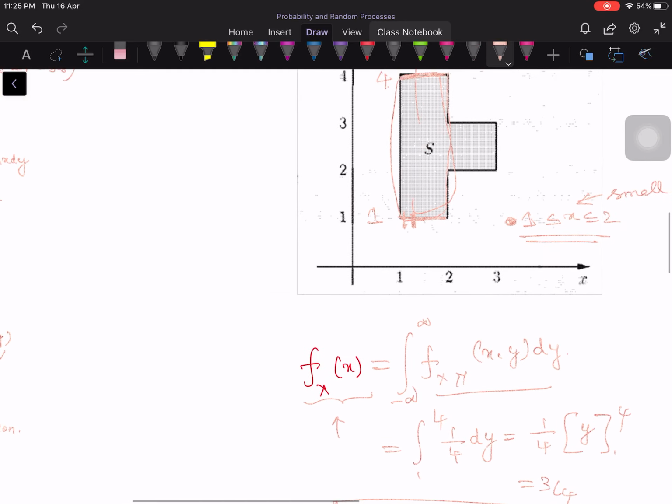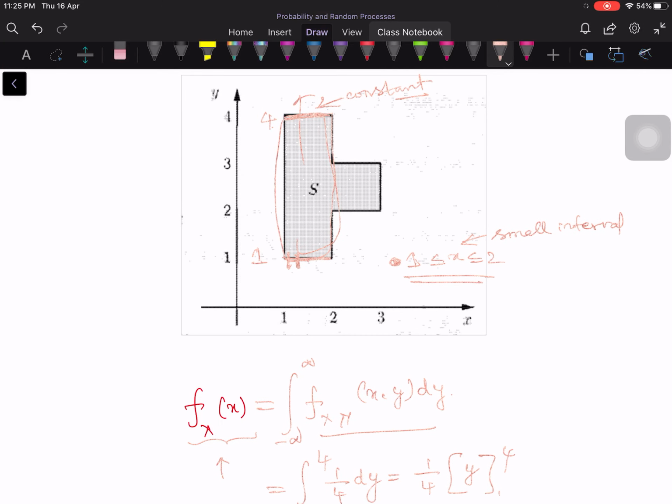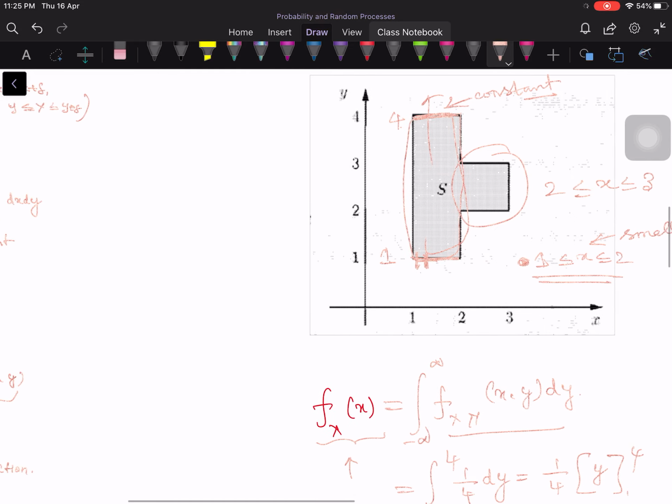And what about the other part? Take this interval when x lies between 2 to 3, 2 ≤ x ≤ 3. So in this part, y lies between 2 to 3. Therefore, fX(x) is equal to the integral with limits 2 to 3 of f_XY(x, y) dy.